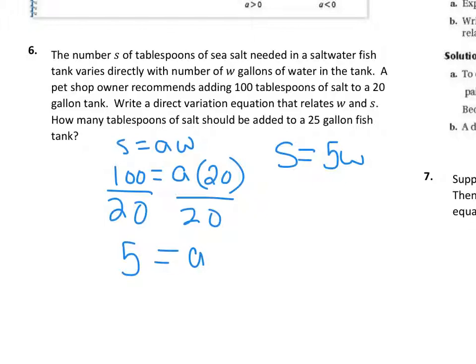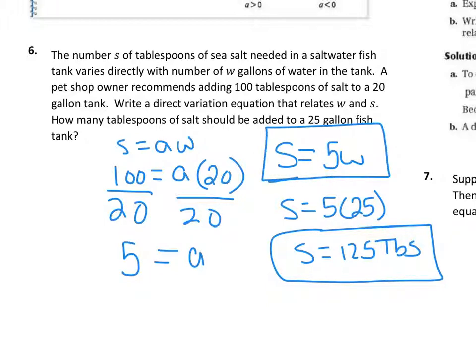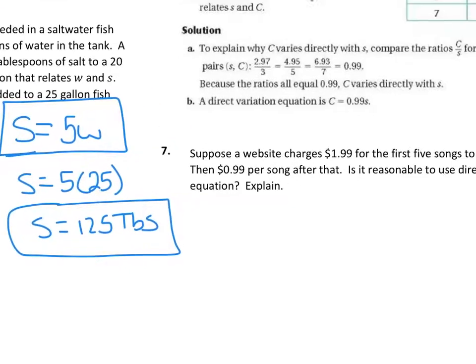And they say for 25 gallons, so that's right here. So S equals 125 tablespoons. That's what TBS is. And write the direct variation equation. So there's our two answers. Let's take a look at another one.